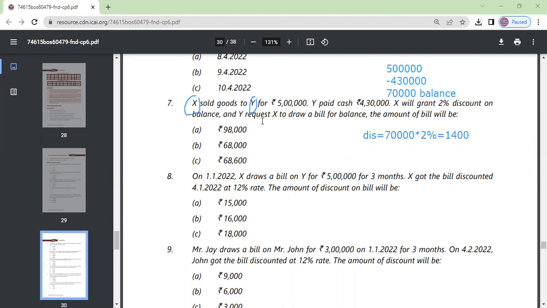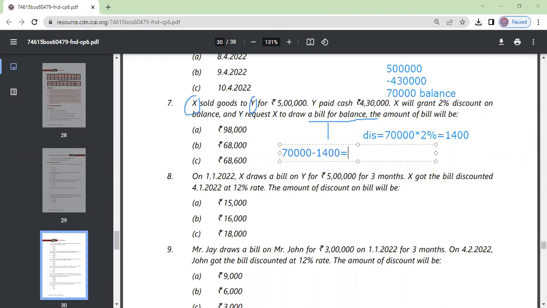And Y requests, who is Y? Drawee. Y, the debtor, requests X to draw a bill for the balance. Now tell me, your balance means what? 70,000 or 70,000 minus 1,400? That is important. What is the balance amount? 70,000 minus 1,400.